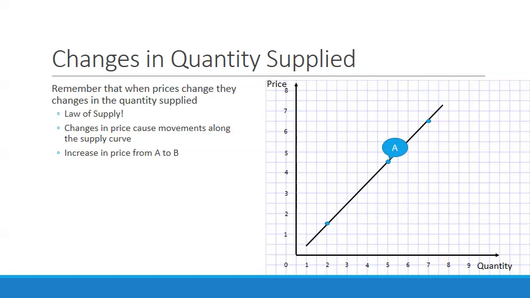Now at the same time though, if we start at point A and we decrease down to point C, so now we're decreasing price, what we see with a decrease in price from A to C is that with our price dropping, our quantity supplied will drop as well. So that tells us, of course, that we have this converse relationship with quantity supplied and price.